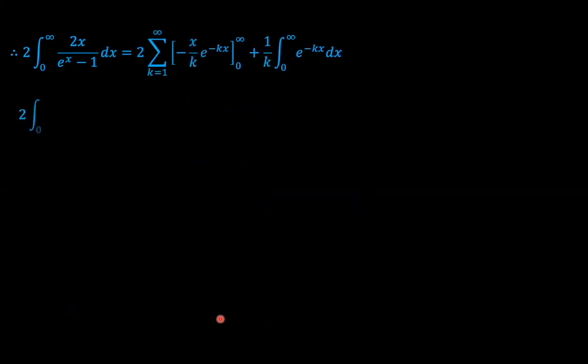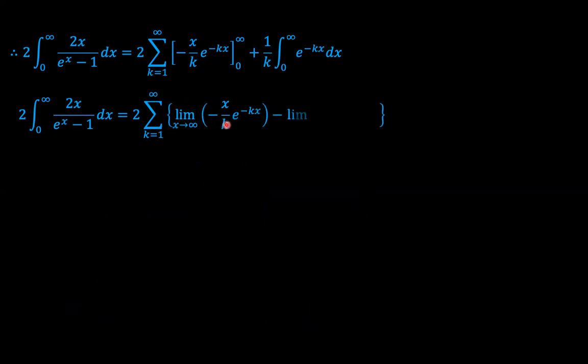Now we'll apply the limits accordingly to this already integrated part. And what we come to realize is that for that initial part, as x tends to infinity, of negative x over k times e to the power negative kx, since the exponential term tends to 0, this entire term goes to 0.